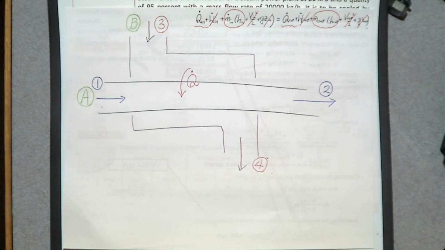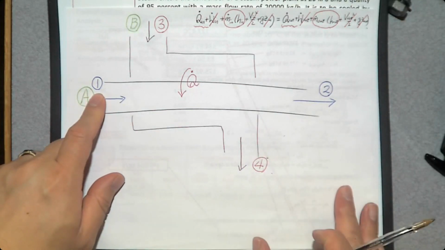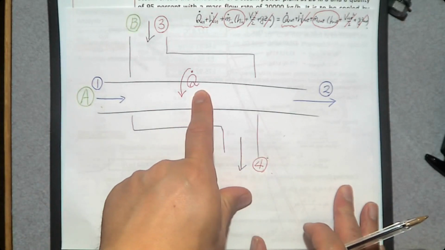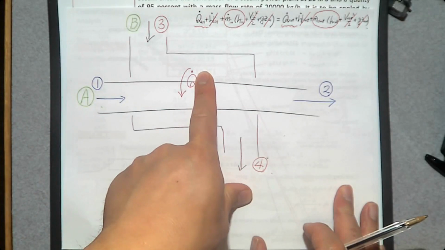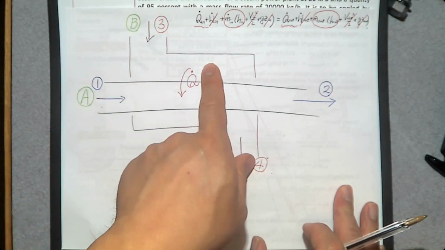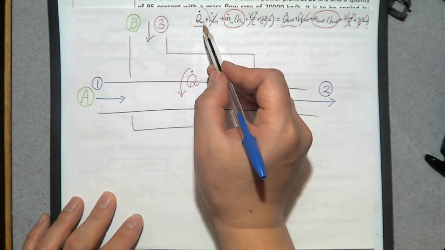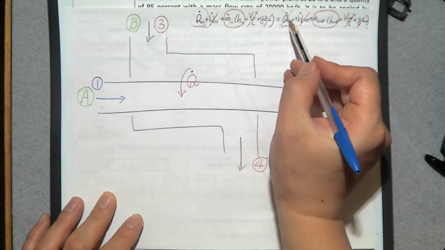So based on that, let's write the energy balance equation for A per unit time. So what is the inlet? And what kind of heat transfer? There is an incoming heat transfer, right? Because the fluid B is at higher temperature, so incoming heat transfer. What is incoming heat transfer? This one. Then we don't have this one, right?